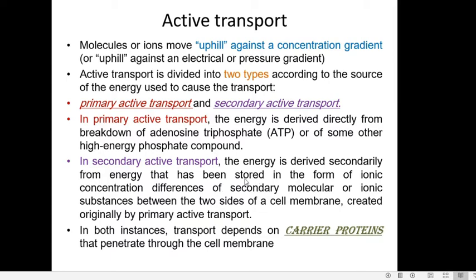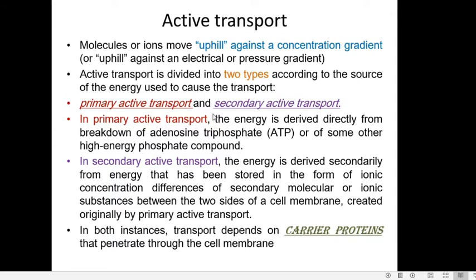There was a concentration gradient created by primary transport, the sodium potassium pump, and it is that energy derived from the concentration gradient that allowed the second carrier to act. That means it allowed the second carrier to transport sodium and glucose together. So here the energy derived from primary active transport is used for secondary transport.